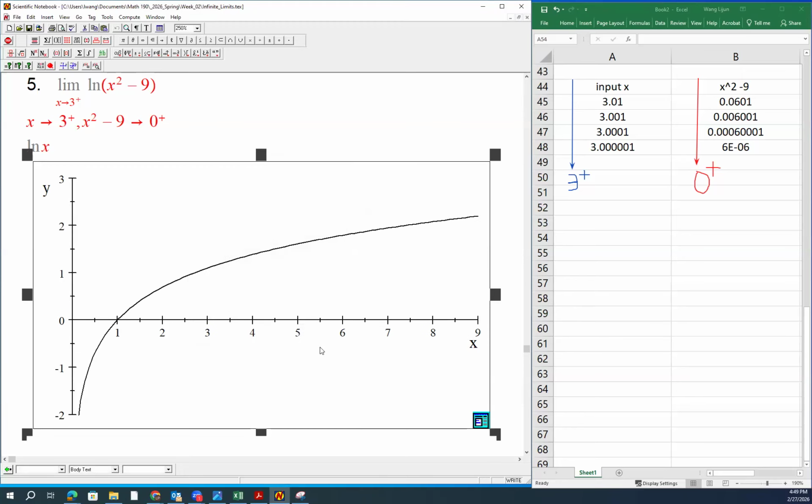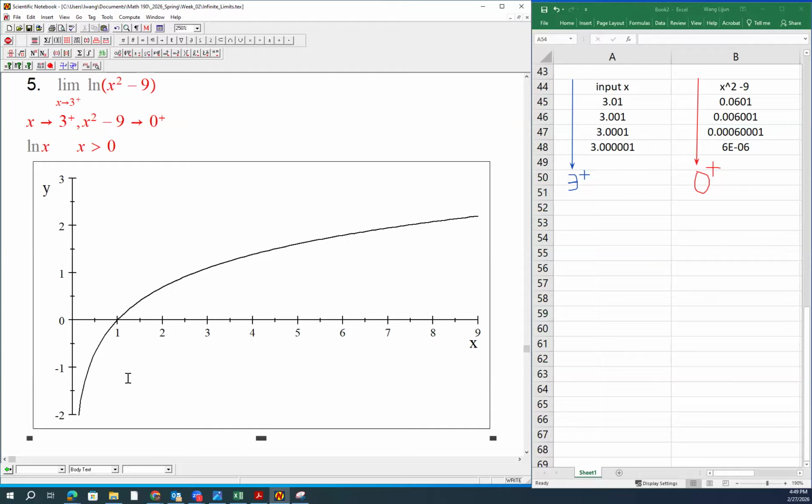This is ln x. From this picture, what does it tell us? The domain of ln x is x larger than 0. So we cannot take any value that's 0 or smaller as input for ln x.